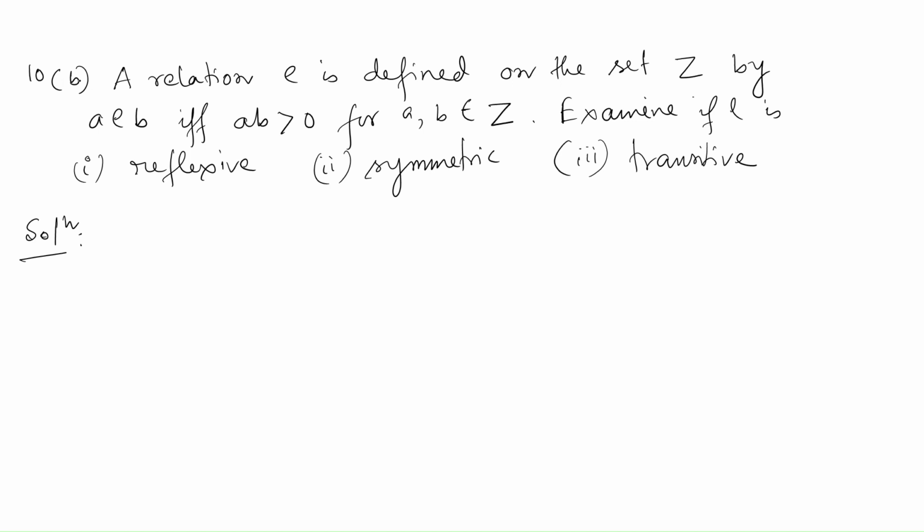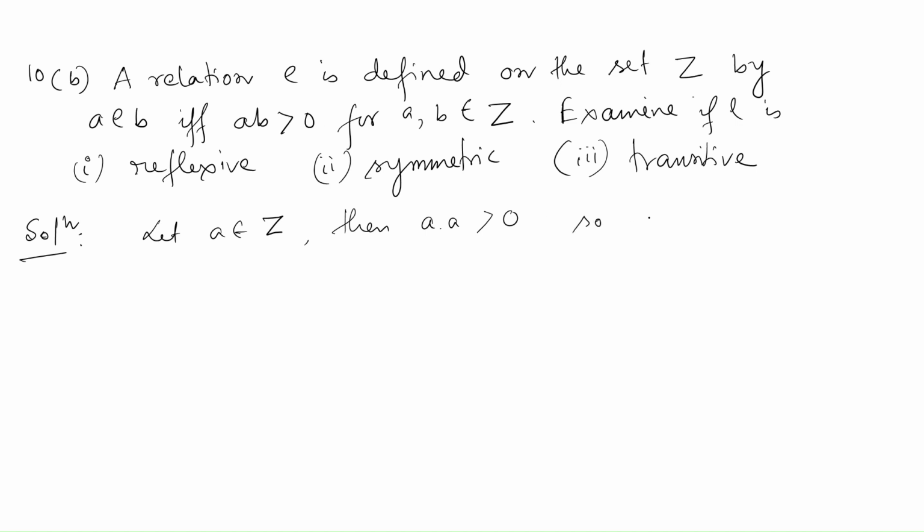Question 10b. A relation rho is defined on the set Z by a rho b if and only if ab greater than 0 for a, b belongs to Z. Examine if rho is reflexive, symmetric, transitive. Let a belongs to Z. Then a into a greater than 0 because it is given ab greater than 0.